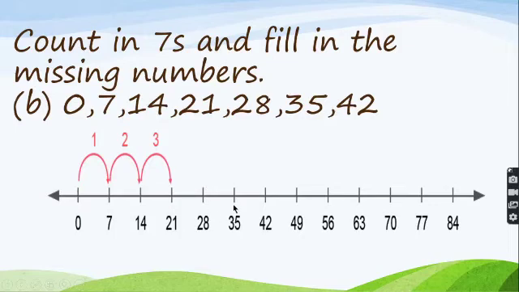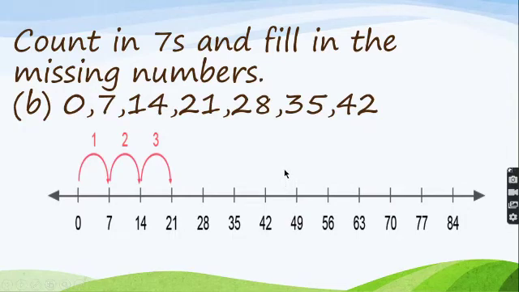So we write 35 here. When you again jump from 35, you land on 42, because when you add 7 to 35, you get 42. Like that, you can jump and write the missing numbers by using the number line.